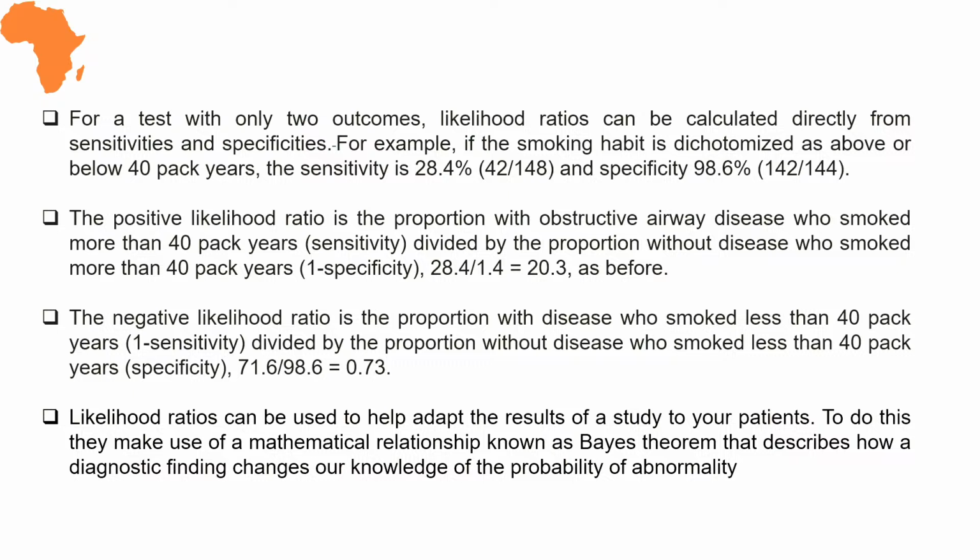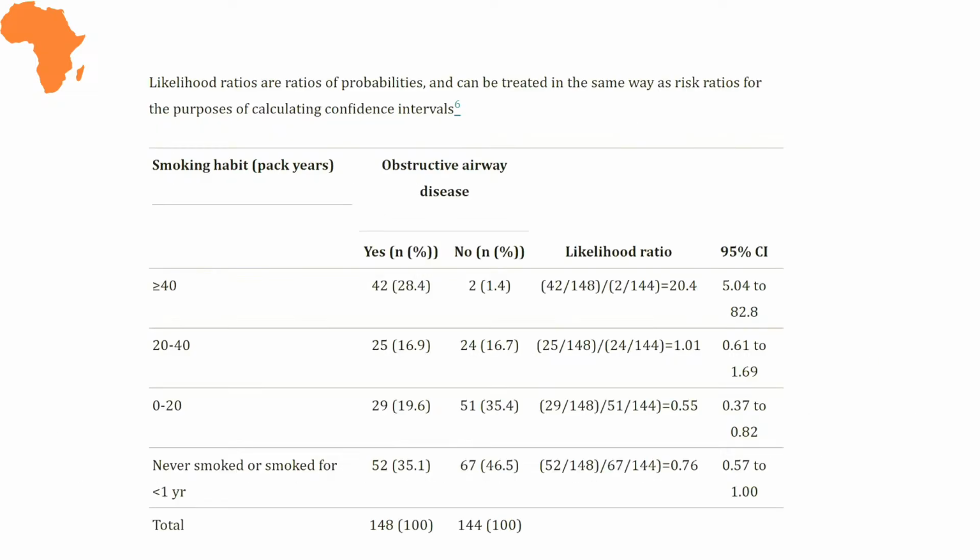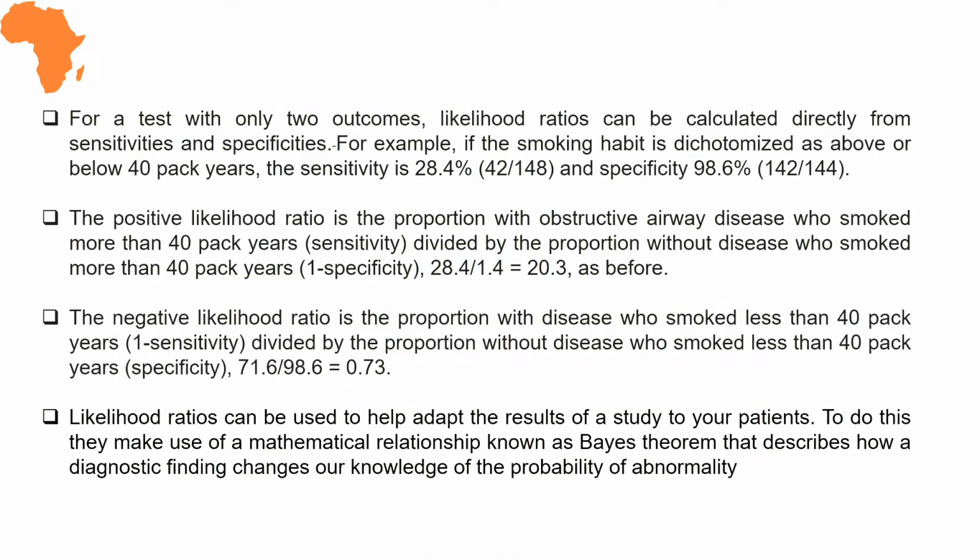For a test with only 2 outcomes, the likelihood ratios can be calculated directly from sensitivity and specificity. So, in this example, the sensitivity was 28.4, so we can just divide 28.4 by 1.4. That is what I mean by that sentence.